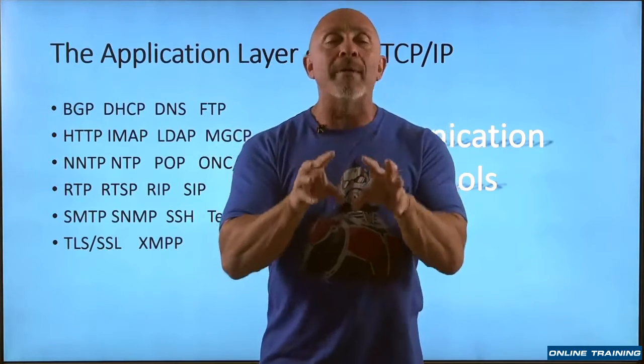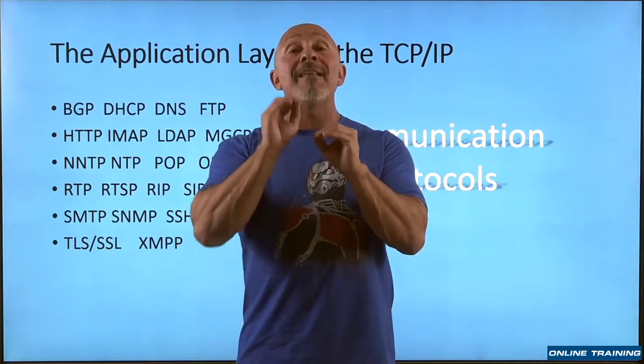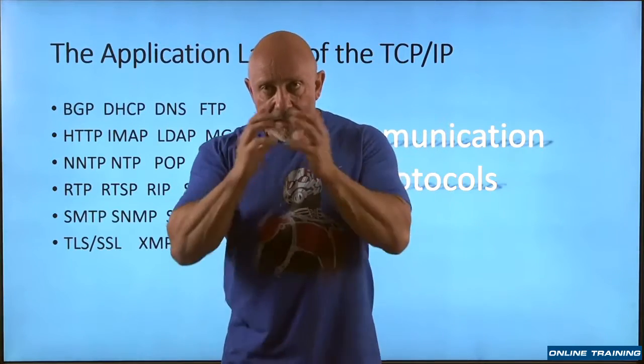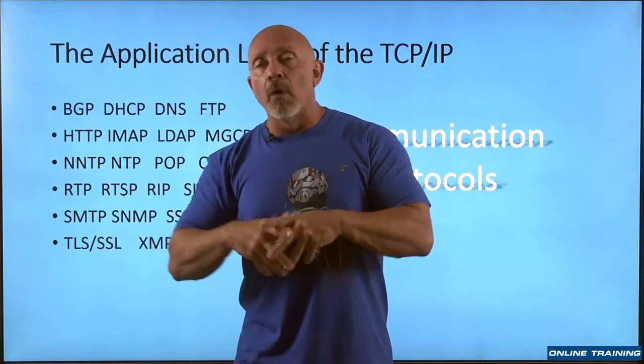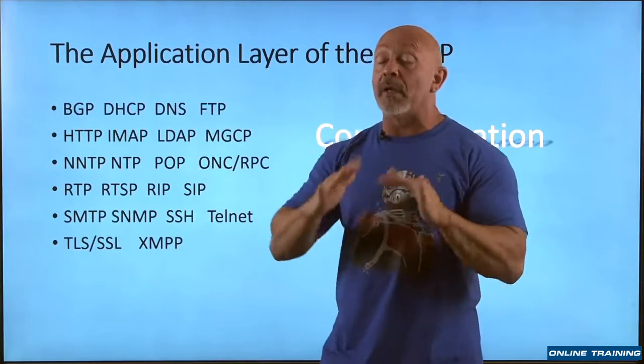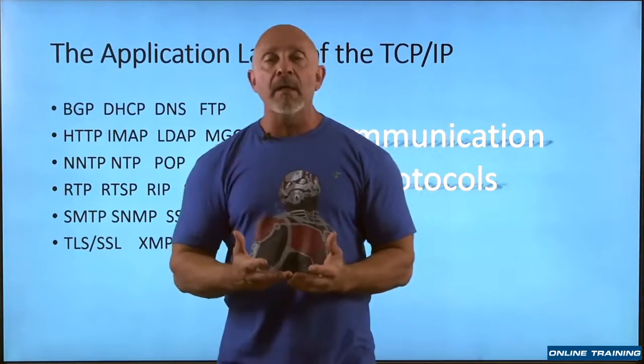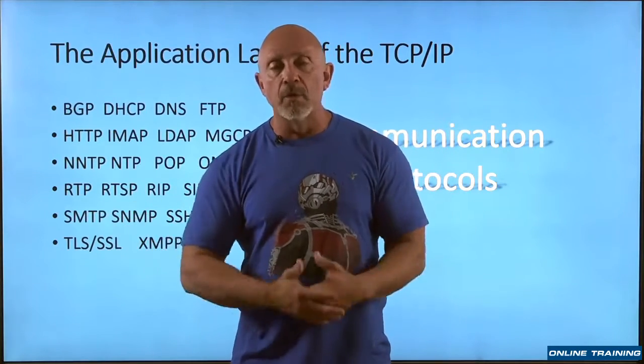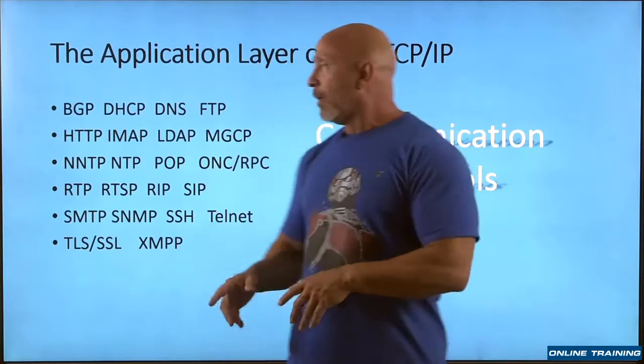They're the ones that go out and see if the network is ready to receive information. They check all that. So when we're talking about the application layer, and you're asked a question in your certification exam, or in an interview, or anybody trying to be funny with you, okay?